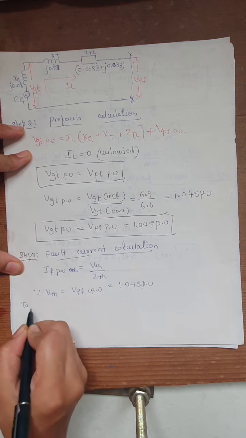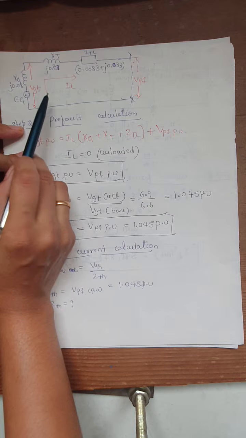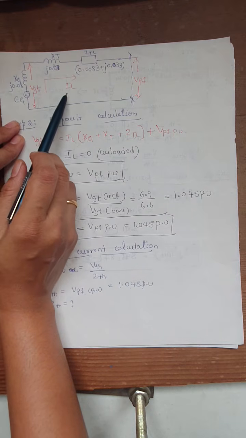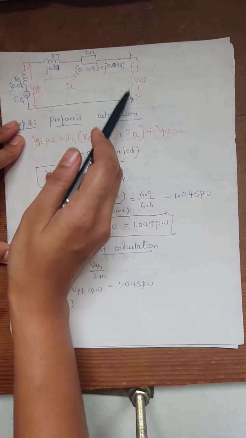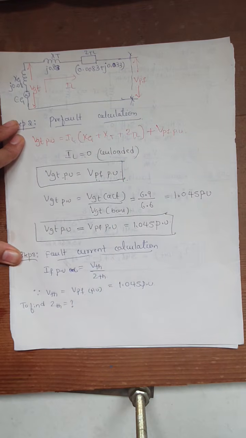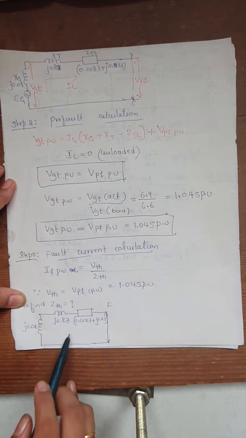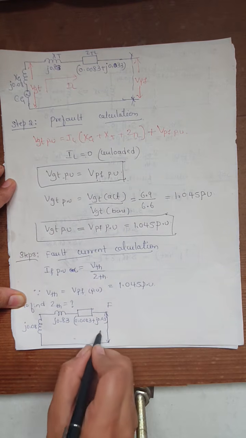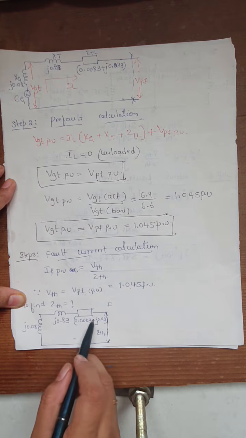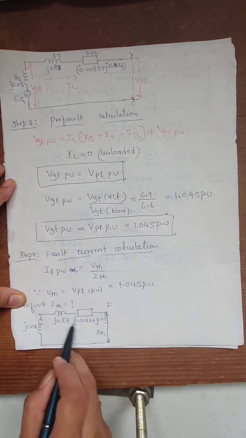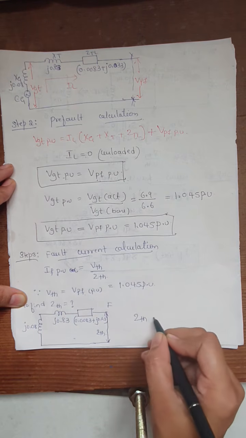Next we need to find ZTH. For that, we rewrite the same reactance diagram by neglecting the source voltage and considering it as a short circuit. So this is the circuit of the same reactance diagram, and here we have ZTH. All these reactances are connected in series, so after adding them we obtain the ZTH value.